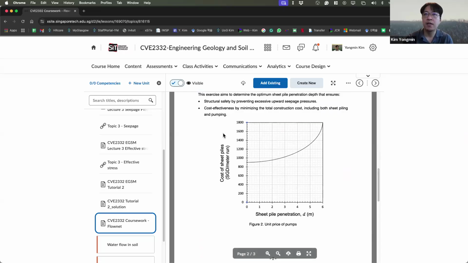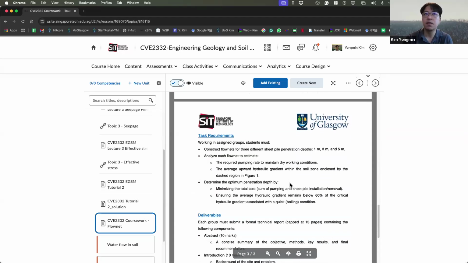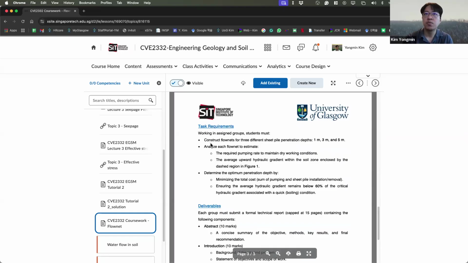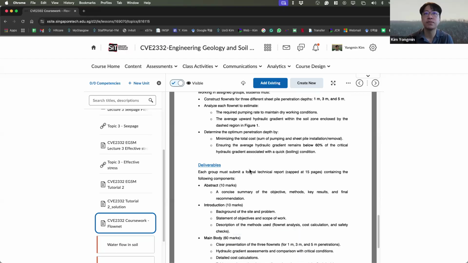So this is the relationship between cost and pipe penetration, and here also cost of the pump. And then you're supposed to construct flow nets for 3 different pipe penetrations, and then also estimate certain different types of parameters from our flow net and determine the cost and the effective design, optimum design for sheet piles.